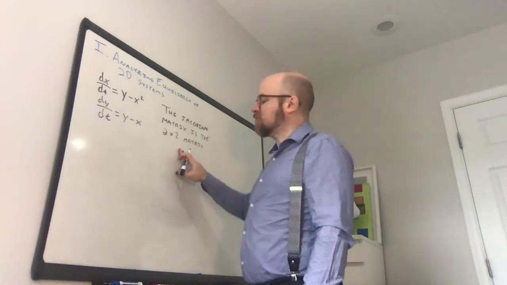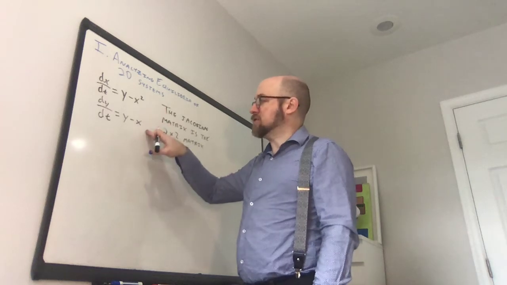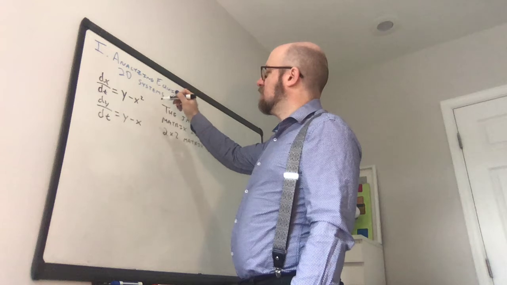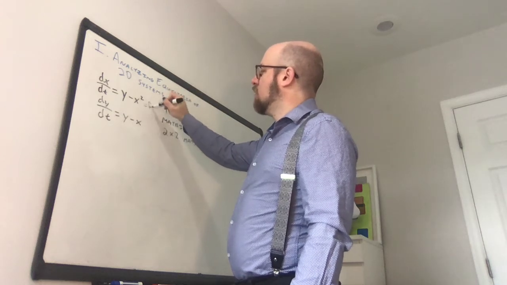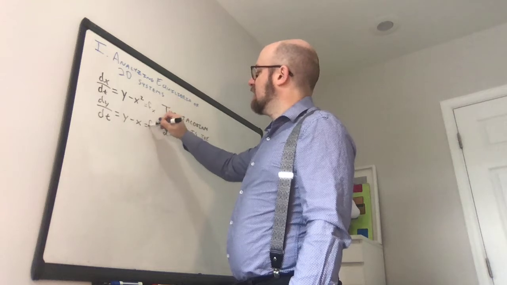So it's the 2x2 matrix which has all of the partial derivatives of these equations. Okay? Let me explain what that means. So let's say this is f_x, and this is f_y.